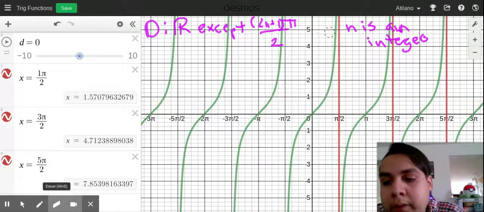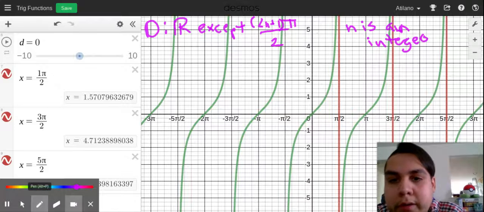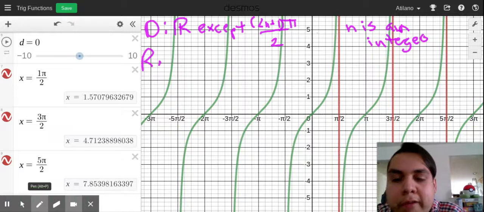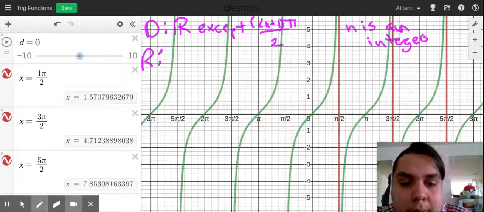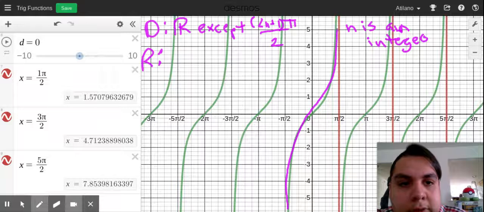All right. The range, though, gets a little interesting because the range is dealing with the y values, and I've got vertical asymptotes. And I note this: my graph goes here, and then it goes there.